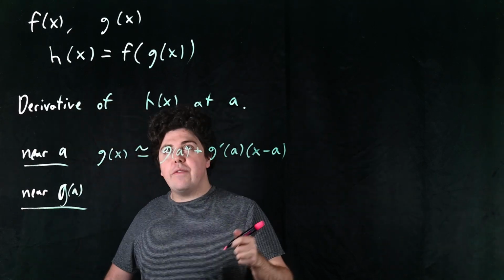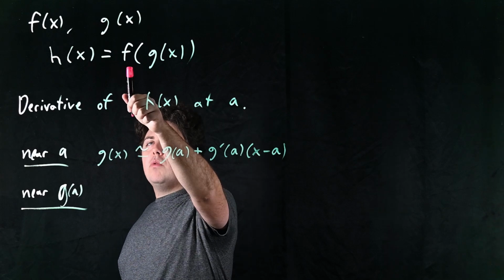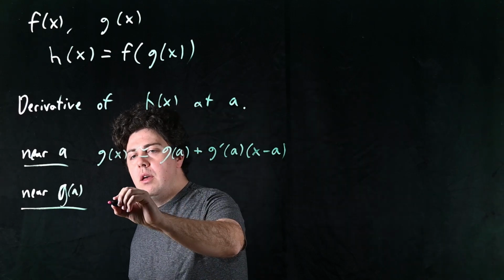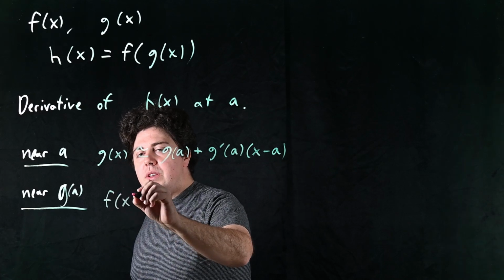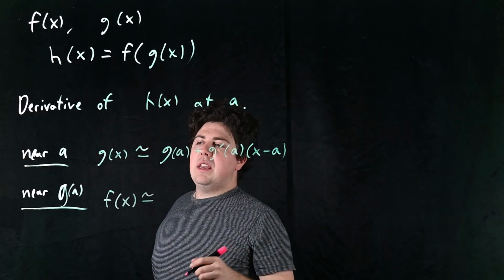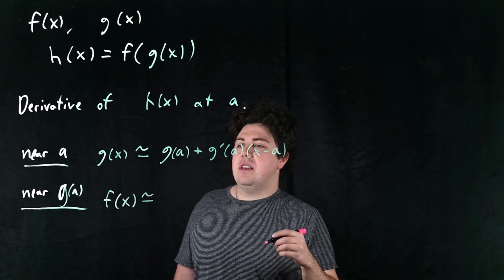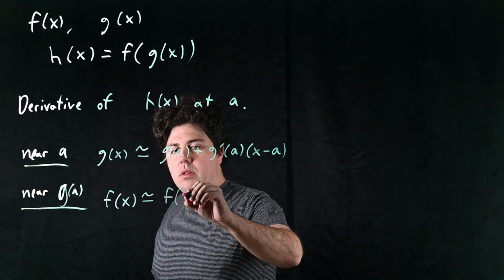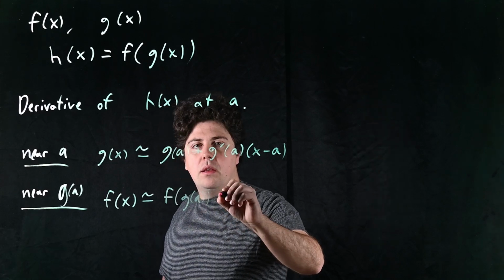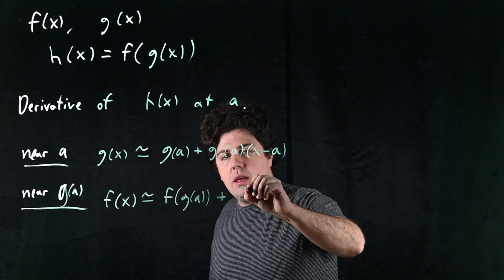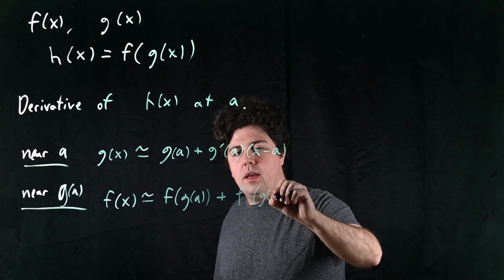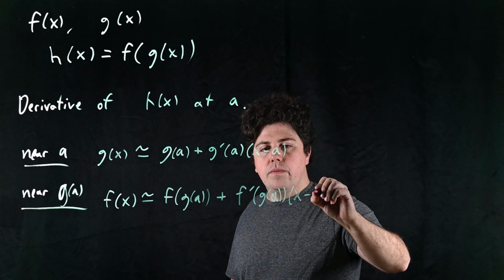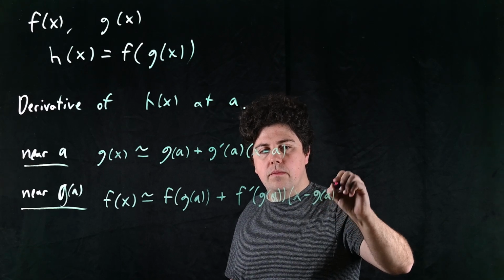And then near g of a, well, how does f of x behave? Well, suppose in the first place that f is differentiable at g of a. Well, we could think about the tangent line, or the linear approximation of f near g of a, and that's going to be f of g of a plus f prime of g of a times x minus g of a.